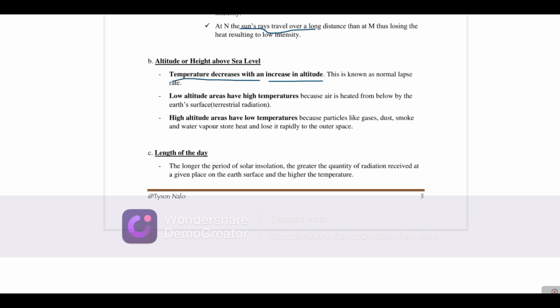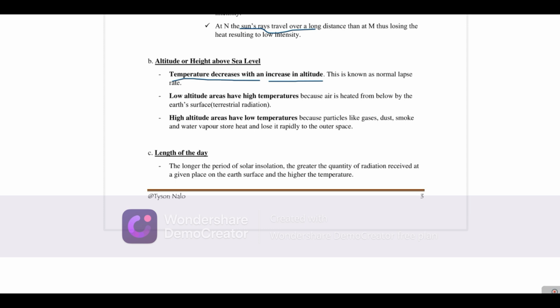So low altitude areas have high temperatures. When you talk about low altitude areas, these are lowlands. In the lowlands there are high temperatures because air is heated from below by the Earth's surface, that is the terrestrial radiation.